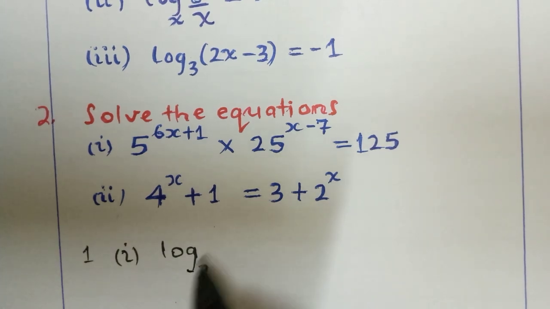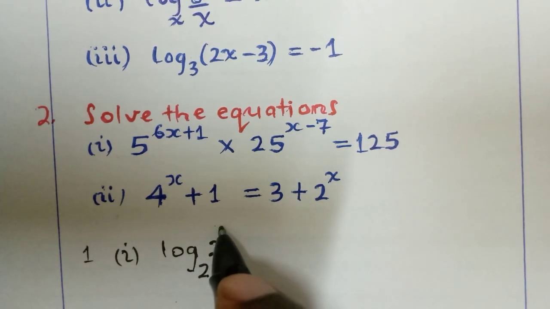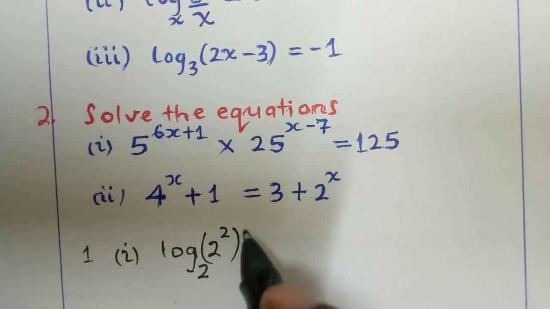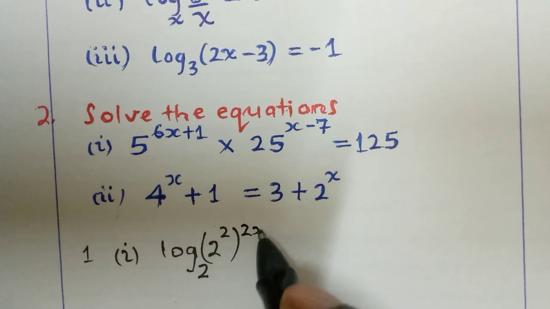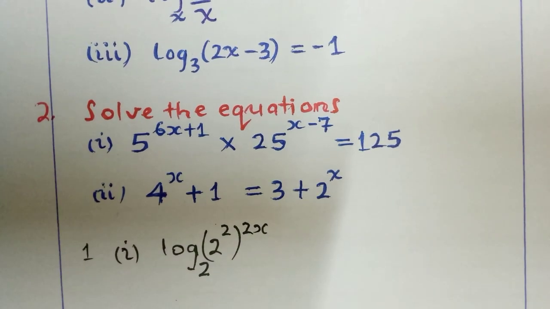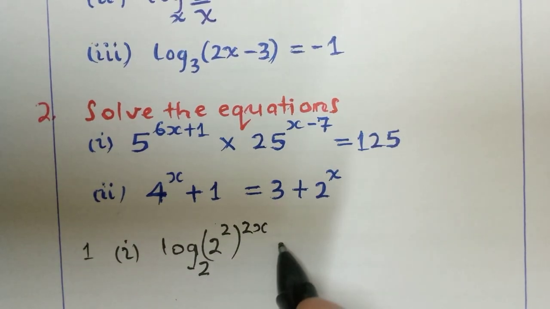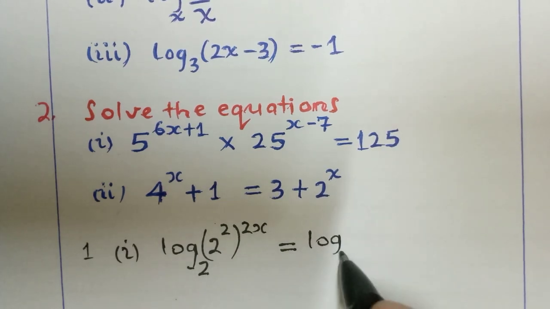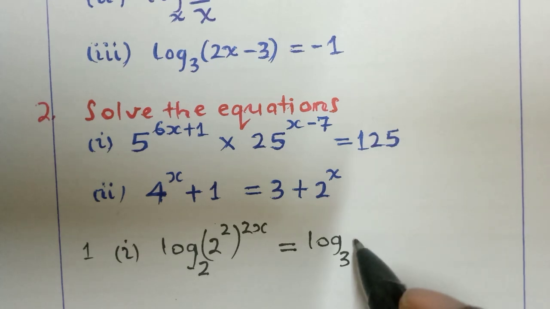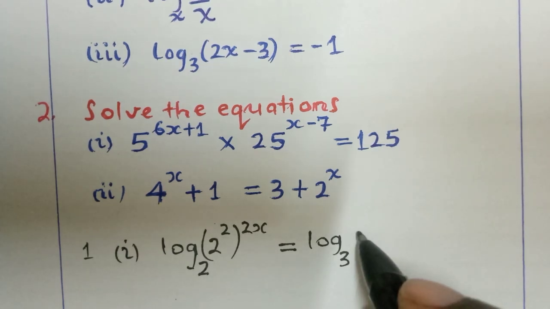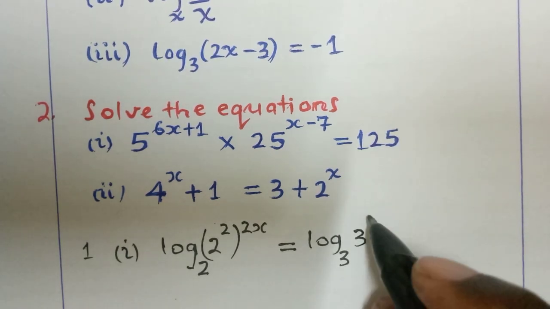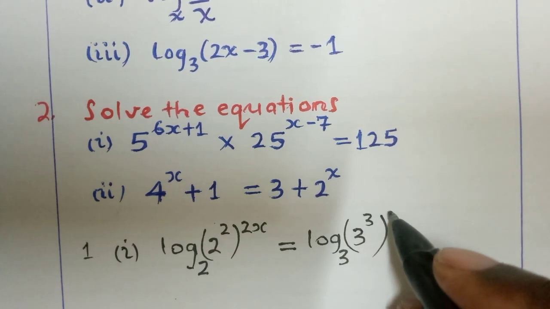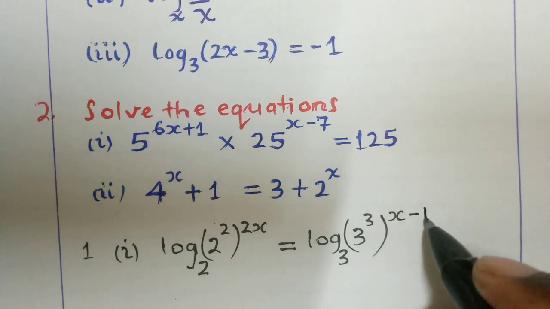Instead of writing 4, I can write 2 squared, and then I don't leave out the 2x, which is already there. This is now equal to log to base 3 of 27. 27 I can write in terms of 3, which is 3 cubed, and then I write x minus 1.